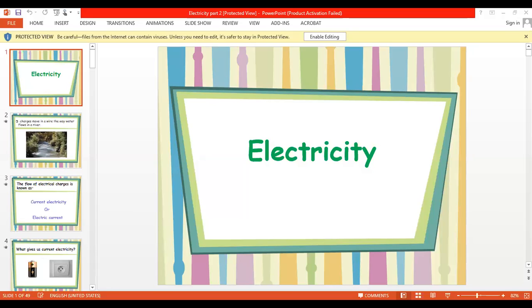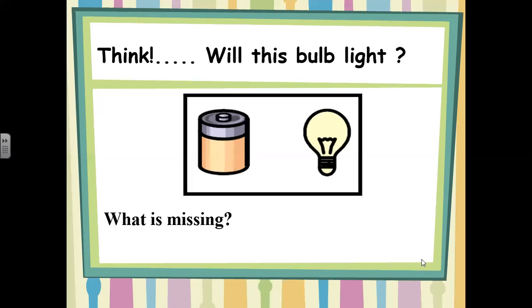Very good. Now, Ruqayya, I want you to answer this one. Will this bulb light? Can you see it, dear? Miss, there is no bulb. Can you see it now?